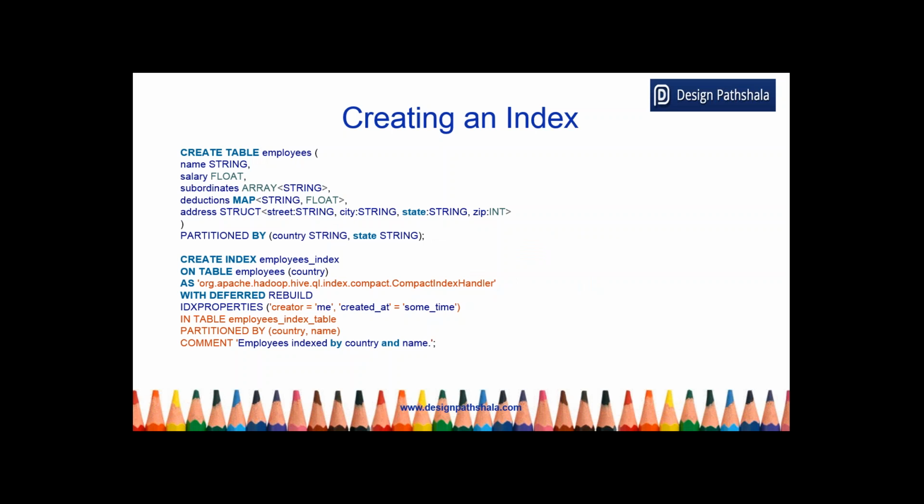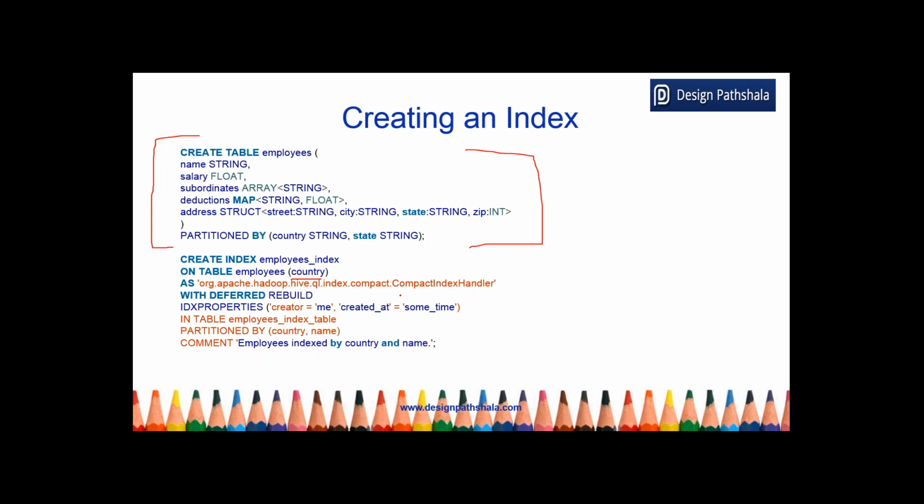Similar to indexes in SQL, you can create indexes over here. Indexes are stored in a separate Hive table, which will have just the index and the corresponding pointer in the table. So to create an index, this is the table on which I am creating an index. I say create index name on table employee, on country, a column on which I want to create the index.